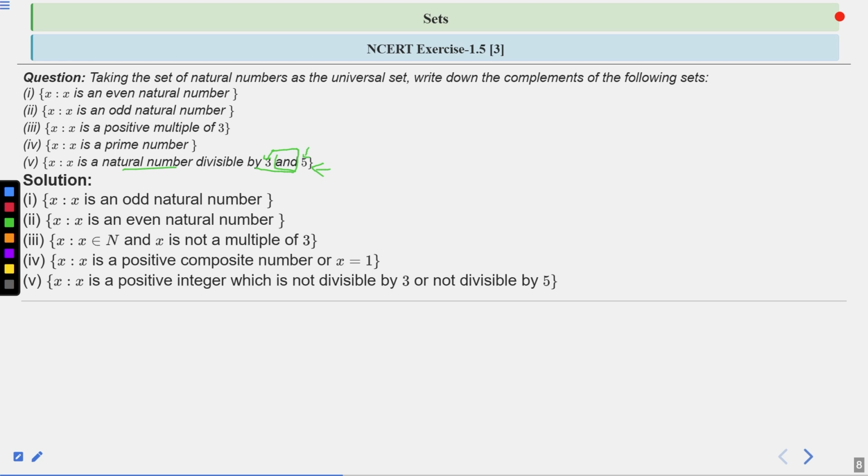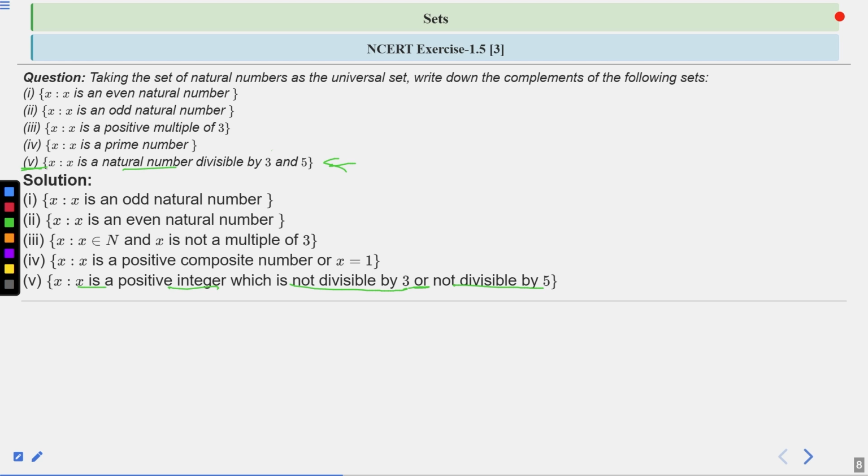Here we are using the word or. Clear? So the collection of all positive integers which are not divisible by 3 or not divisible by 5. I hope this is clear. So this is one way to describe the fifth set.